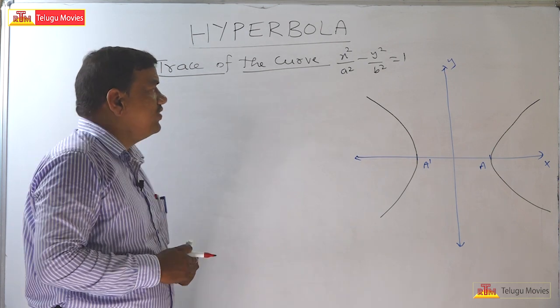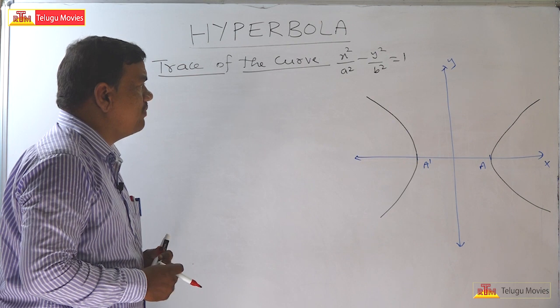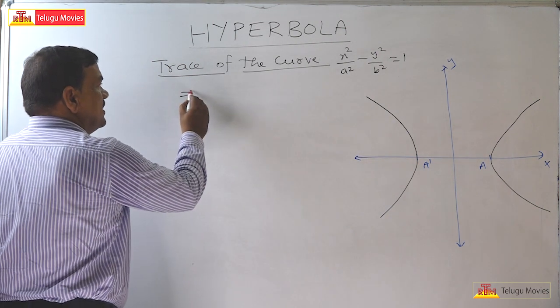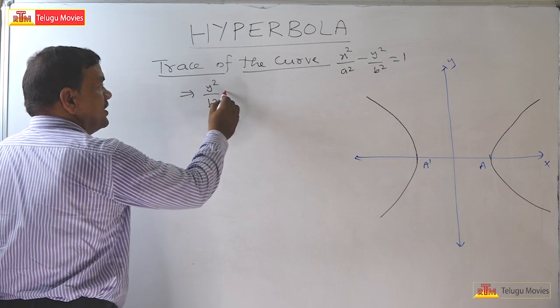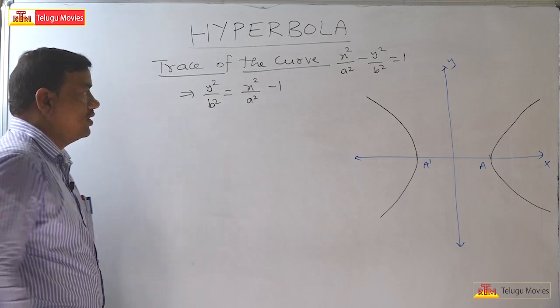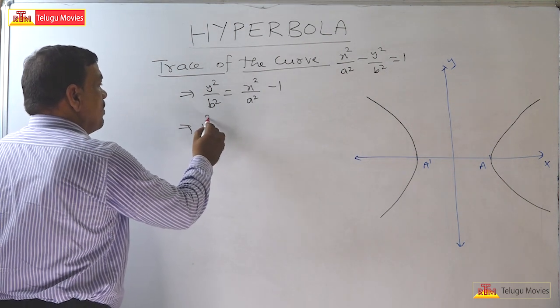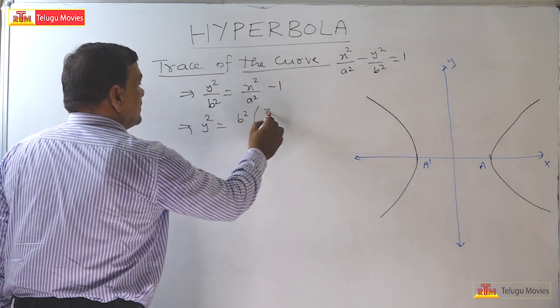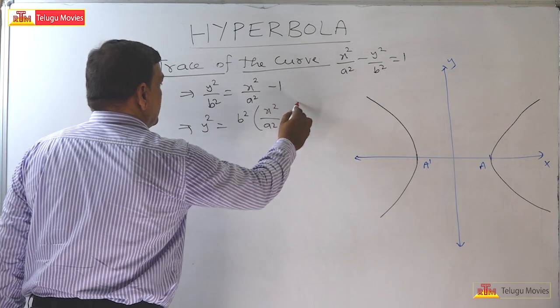Okay. So this is a hyperbola, x square by a square minus y square by b square is equal to 1. So from this we can write y square by b square is equal to x square by a square minus 1. So y square is equal to b square into x square by a square minus 1.